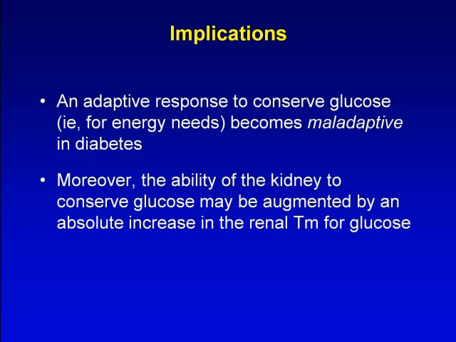But this becomes maladaptive in diabetes, because you don't actually want to conserve the glucose, as that would increase your plasma glucose concentration. But that is exactly what's happening in diabetes. The kidneys are reabsorbing more of the glucose than is necessary. Also, this ability is increased because the renal tubular maximum for glucose is increased in diabetes.